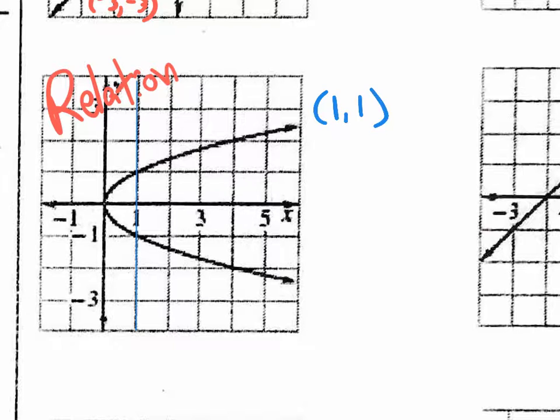I get the output 1 and I get the output -1. Here's the output 1, here's the output -1. So for my single input 1, I get 2 outputs. That's like saying I plugged in a 1 and I got out a 1. If I plug in a 1 again, I'm supposed to get out a 1 again, but I don't. I get out a -1. So that's how I know this machine's broken. That's a relation, no longer a function machine. You guys get it?